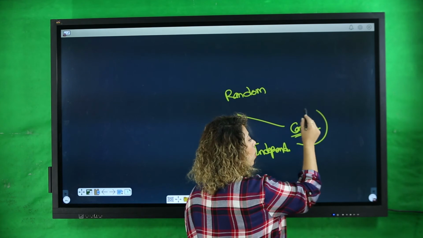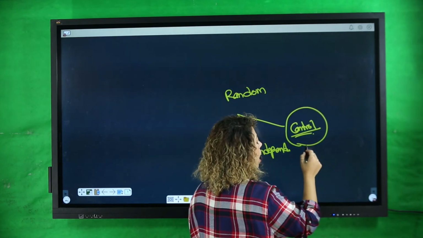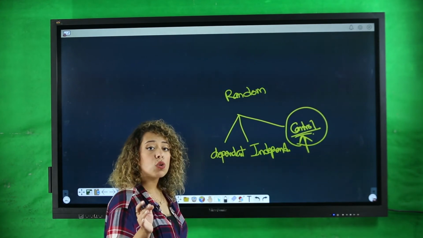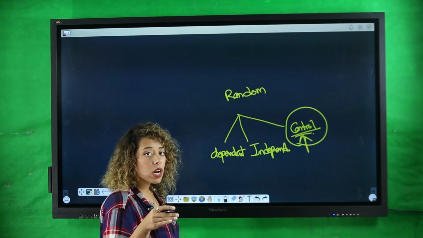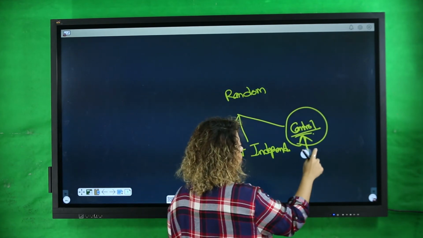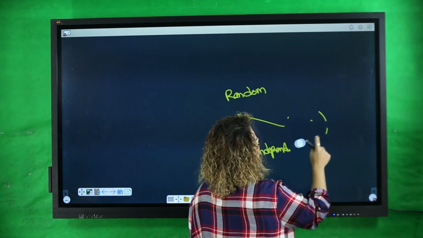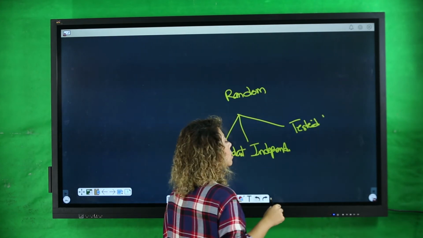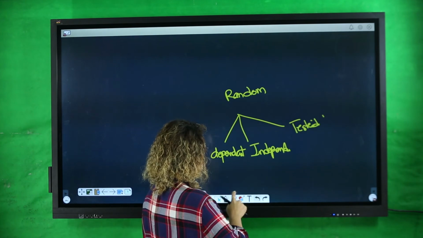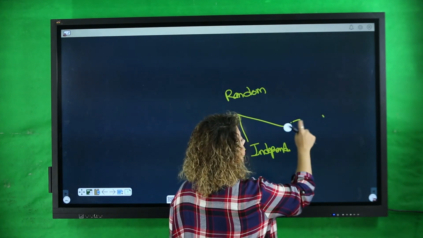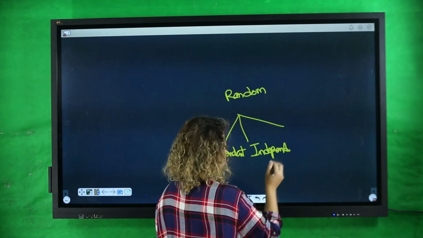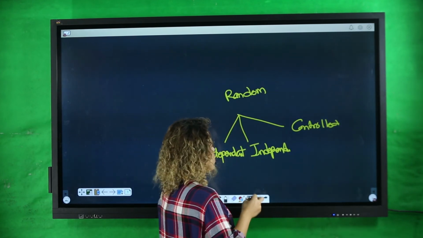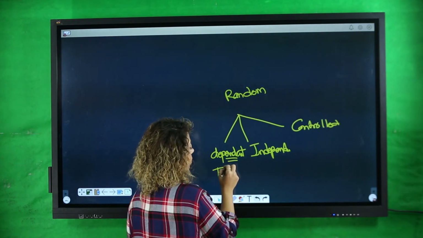The control is what I do not change. It's the controlled one, the controlled variable, because the dependent is our tested.